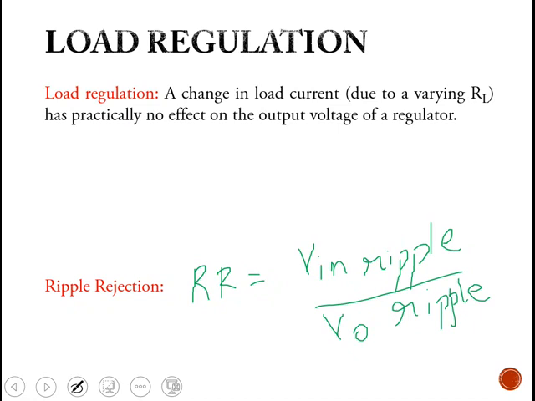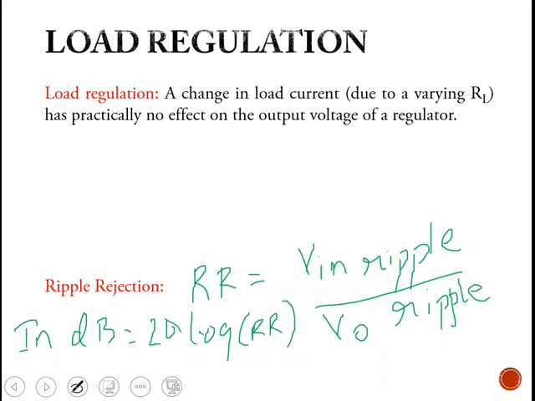Usually this ripple rejection ratio is expressed in decibels. So in decibels, we can write it as 20 log ripple rejection ratio. So 20 log ripple rejection ratio will give you the ripple rejection in decibels.